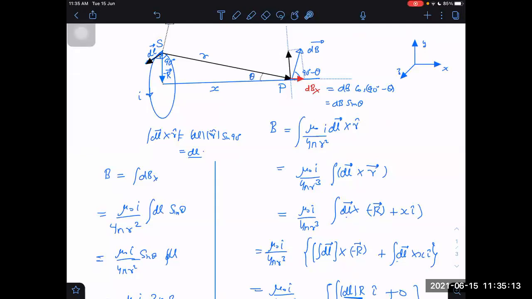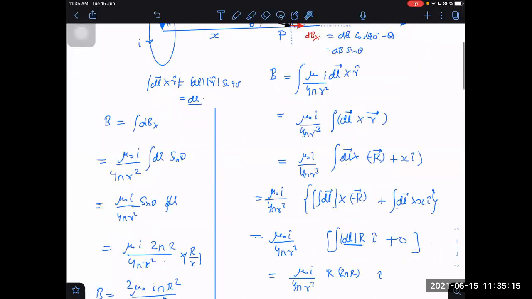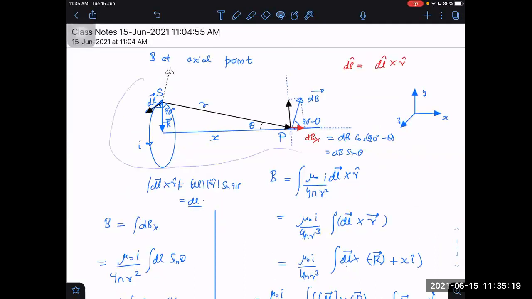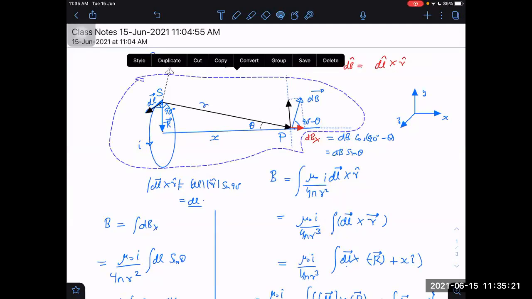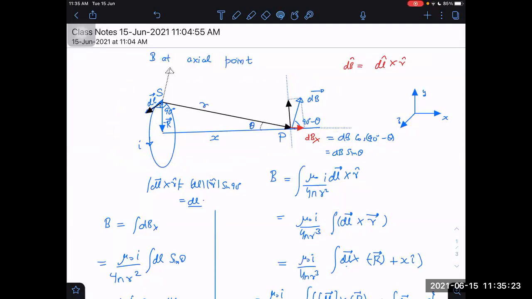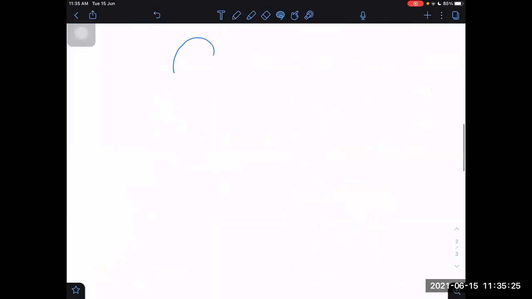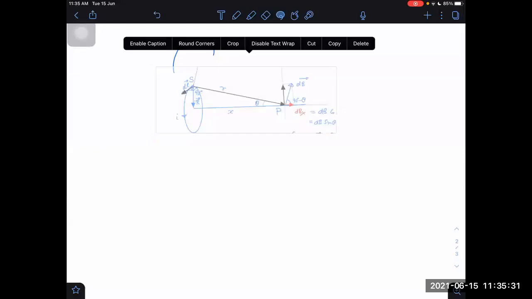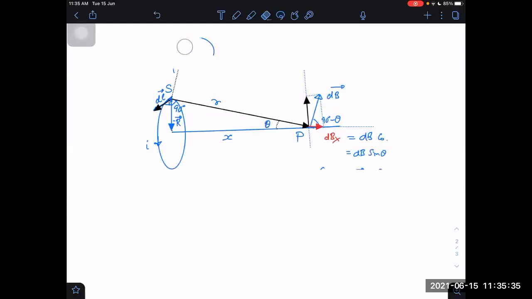Reason is, how to tell you the reason? Let me think first. I am copying this diagram again. I have to use it. In a semicircle, what will happen in this case?